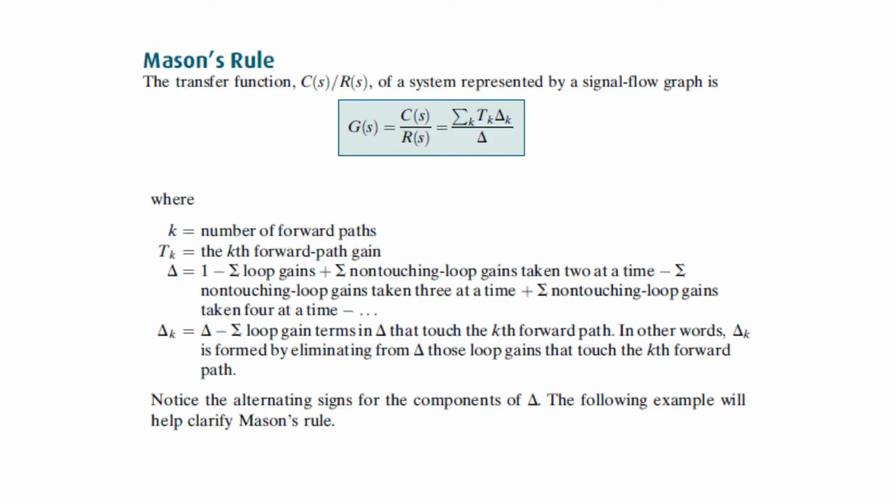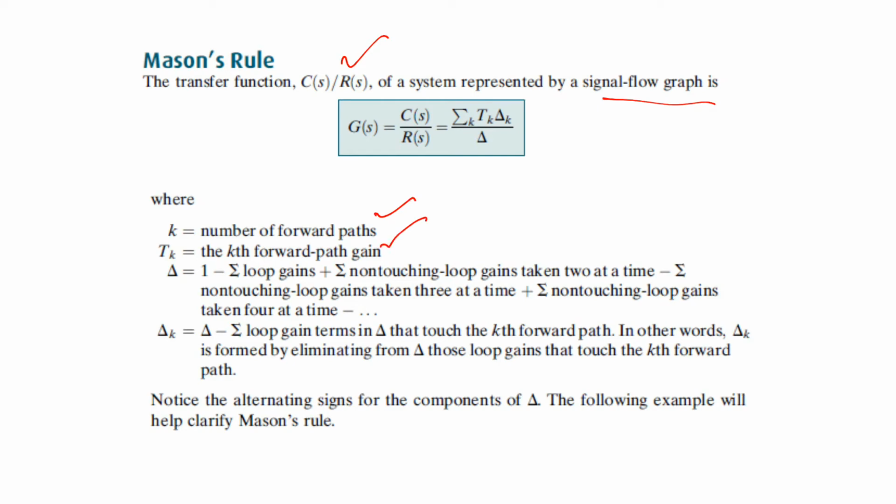As per Mason's gain formula, the transfer function of the system represented by the signal flow graph is given by C(s)/R(s) equals the summation of Tk delta K divided by delta. Here K is the number of forward paths, and Tk is the kth forward path. We have already discussed that we have 2 forward paths.